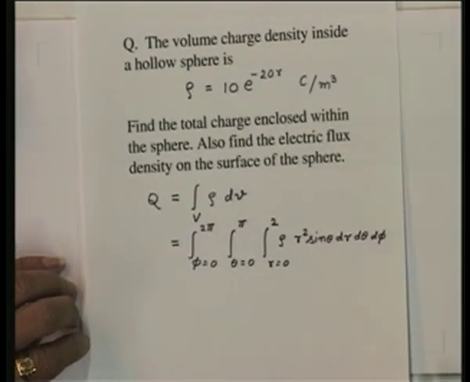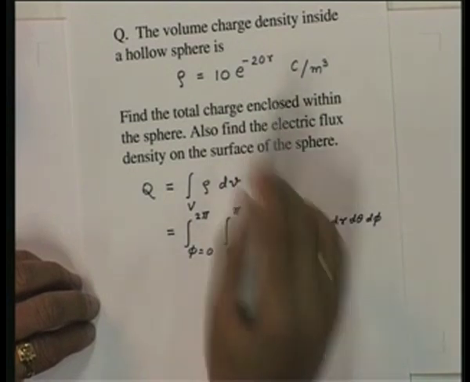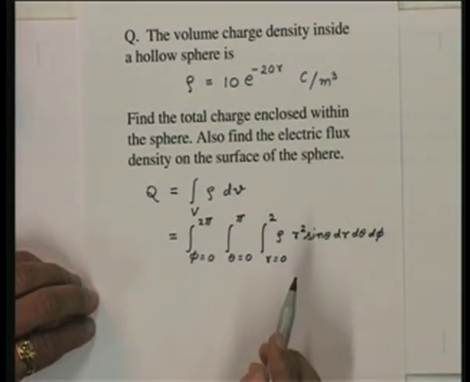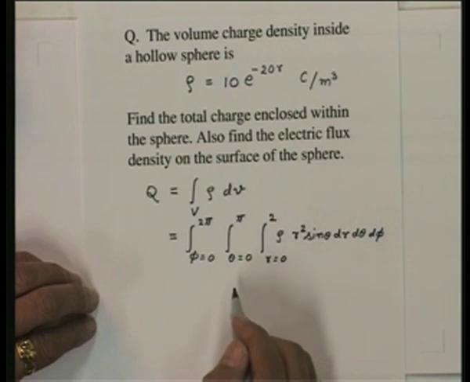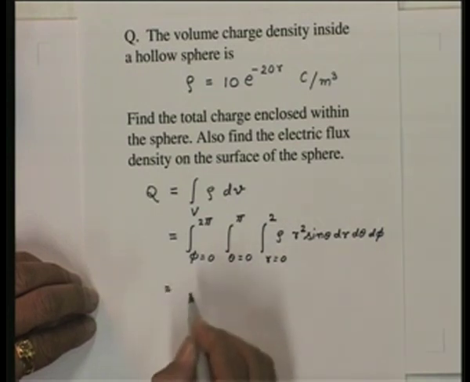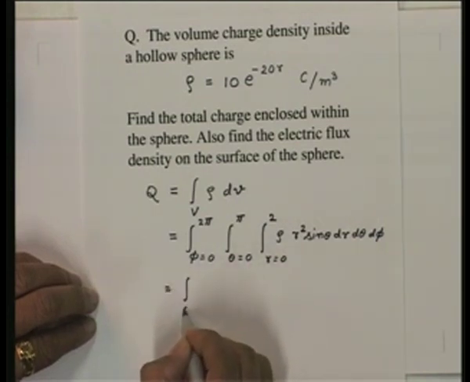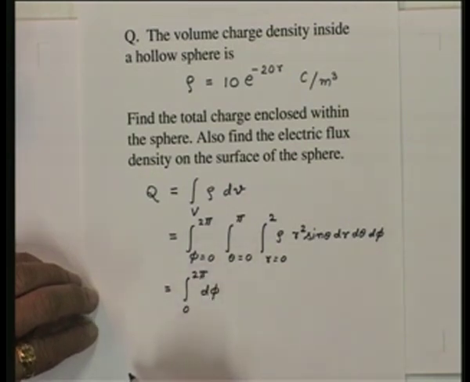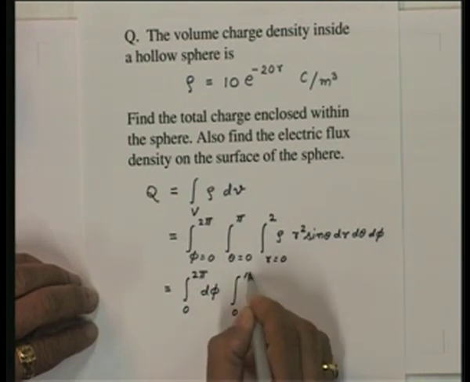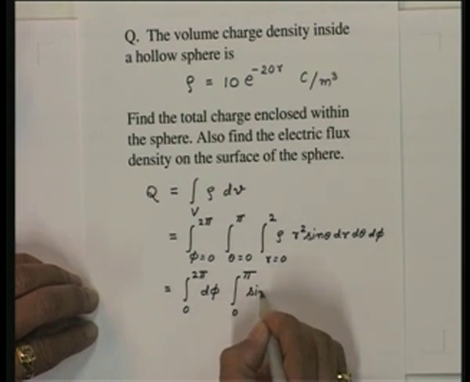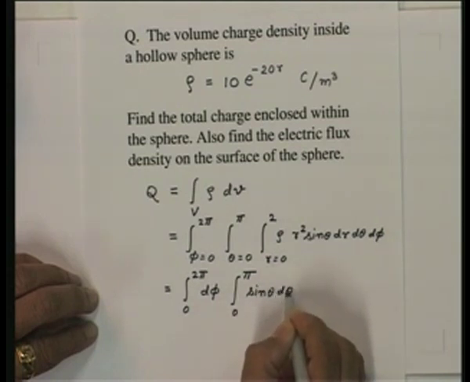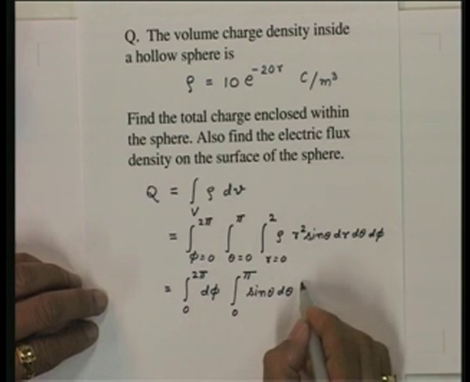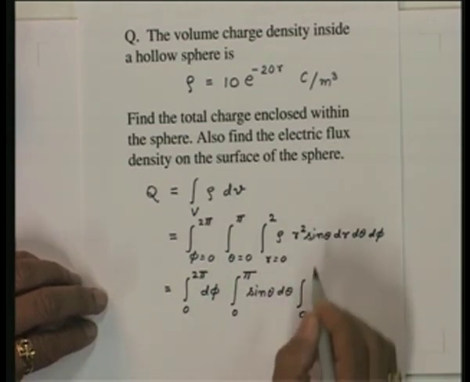If I substitute the charge density and integrate over this volume, essentially we can write this as the integral 0 to 2 pi, since there is circular symmetry over phi, then we have the integral for theta, going from 0 to pi, of sin theta d theta, and then we have the integral over r from 0 to 2.